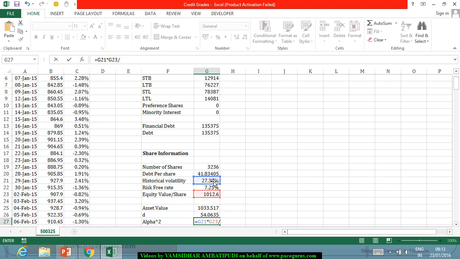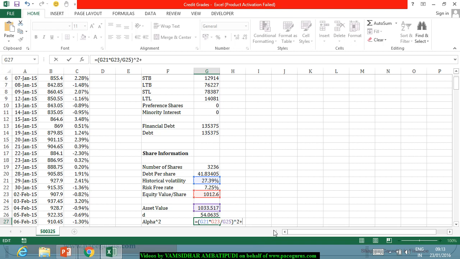So this is my asset value per share. So probably I can take it as equity value plus the debt value, right? Or we have asset value per share is what we have. So this entire thing I'm taking as a square.